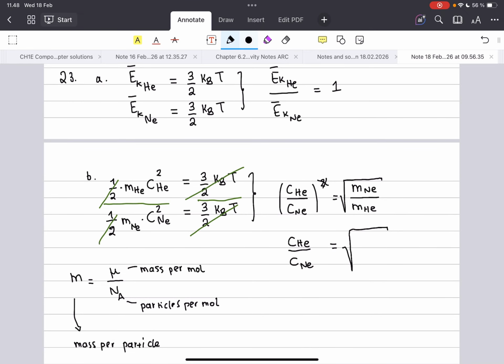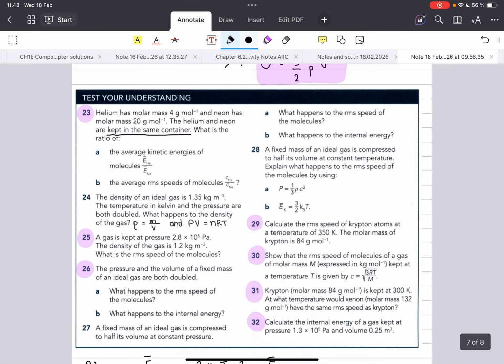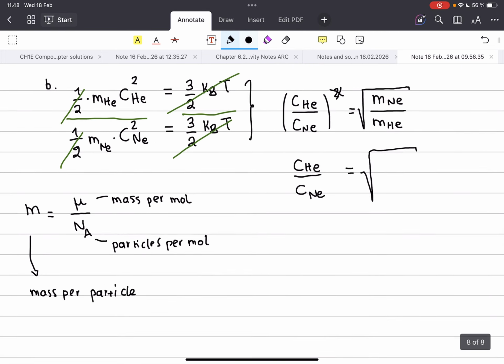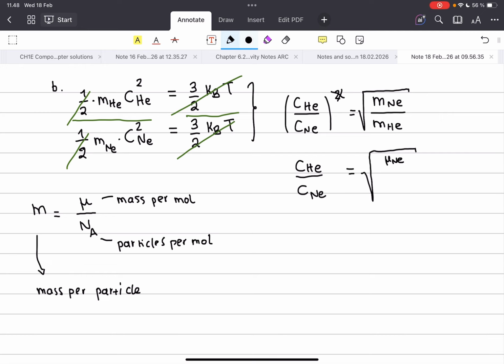In this question, we are actually given only the molar mass. So we're going to have to write this as the molar mass of neon over Na, divided by the molar mass of helium over Na.